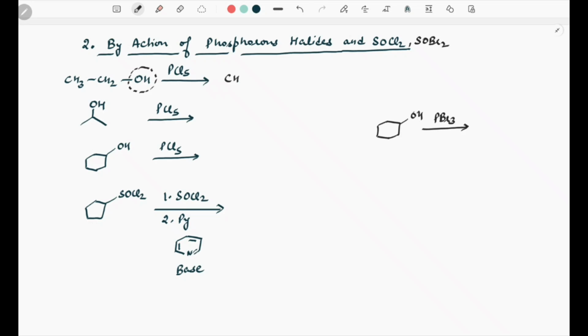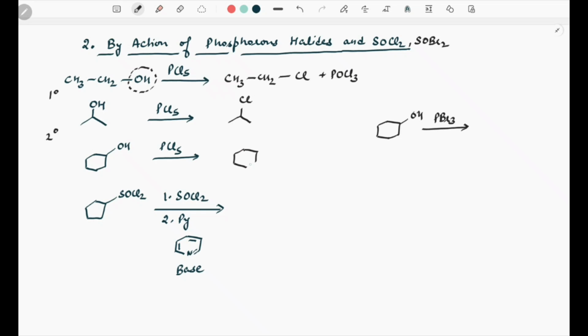That means the product becomes CH3CH2Cl, and also a side product is obtained, which is POCl3. This reaction works well with primary and secondary and even tertiary alcohols. It is simply the OH group which is replaced by Cl.